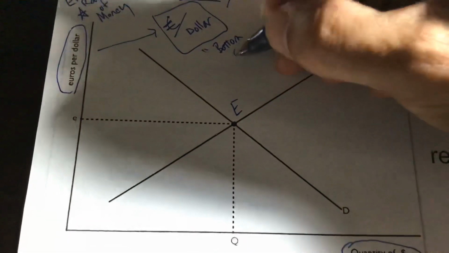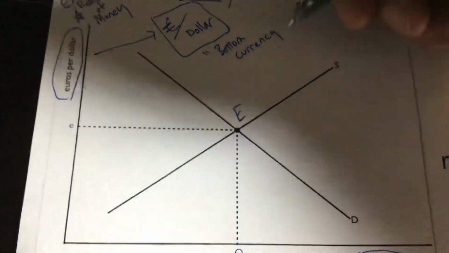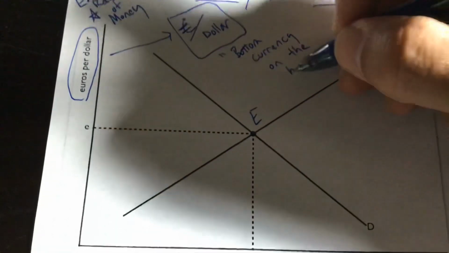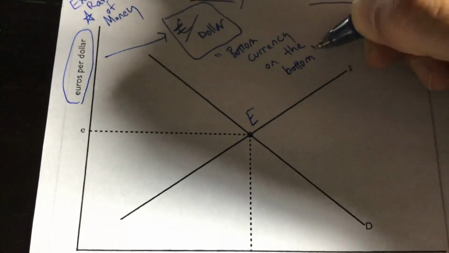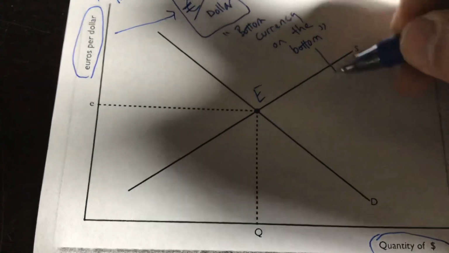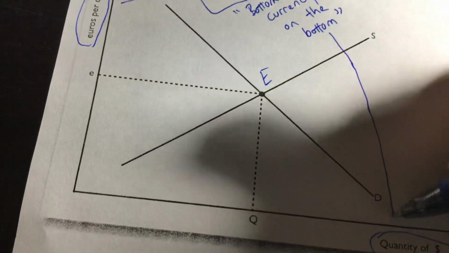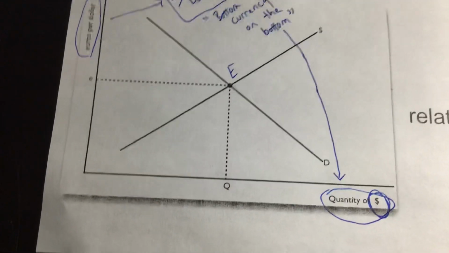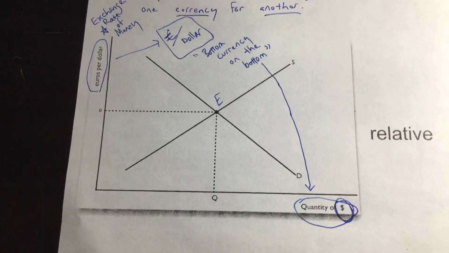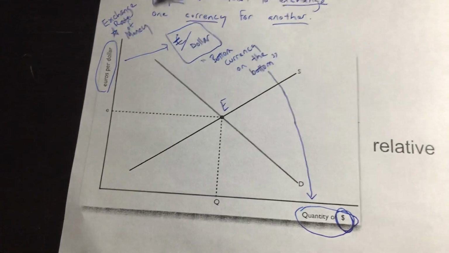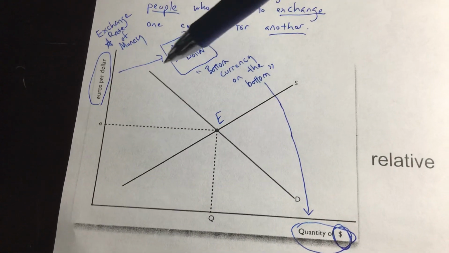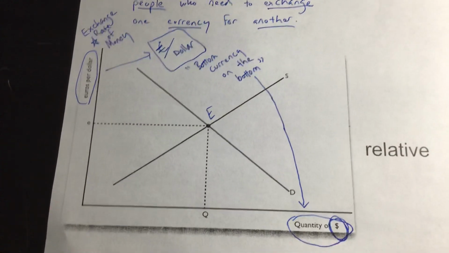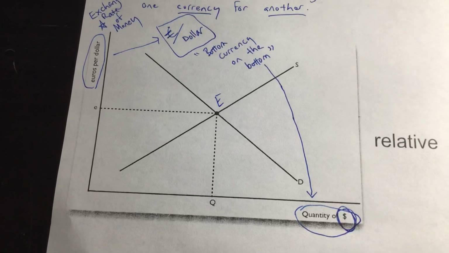Bottom currency on the bottom. And looky there, if I follow my arrow, it's quantity of dollars, okay? So if it's euros per dollar on one side, then that goes to dollars on the bottom, okay? So just remember the bottom currency on the bottom.